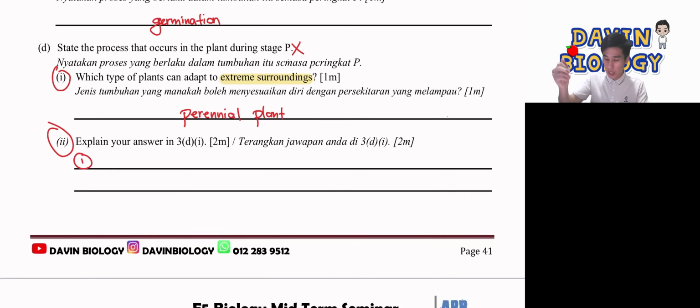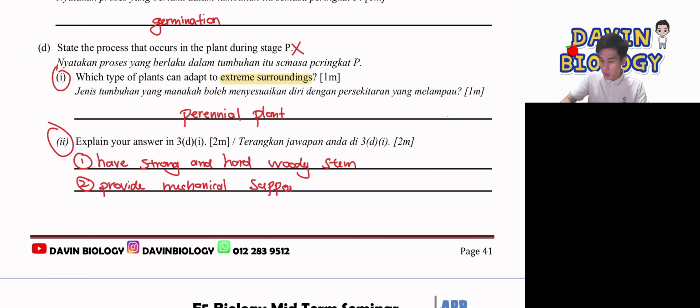So you can say in your answer: because they have strong and hard, woody stem. They provide mechanical support. They also have bark.